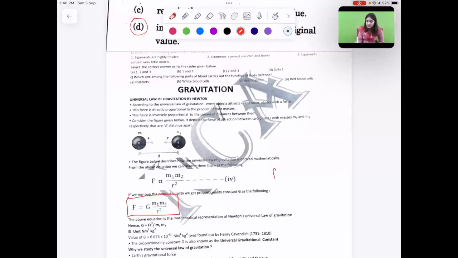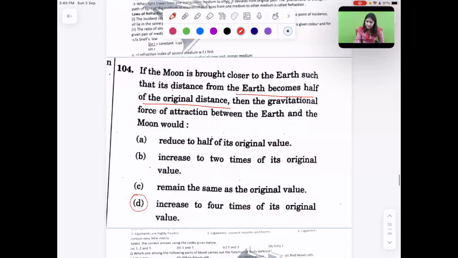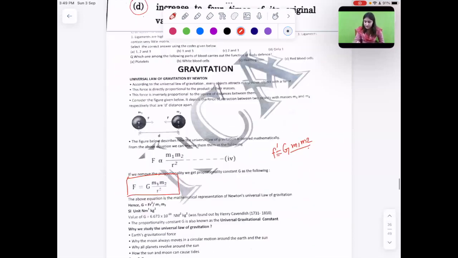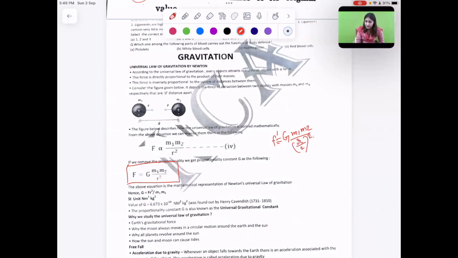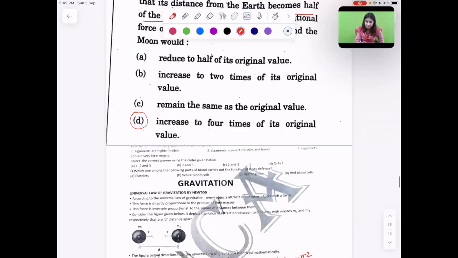In this case, new force F dash is equal to G m1 m2 over, now the distance has become half of its original value, so R by 2 whole square, so it's R square by 4. So the force becomes 4 times the original value. So option D.